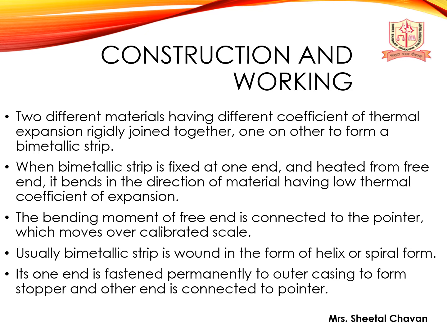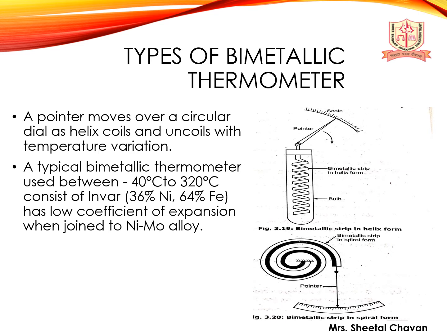The bending movement of the free end is connected to the pointer which moves over a calibrated scale. Usually, the bimetallic strip is wound in the form of helix or spiral form. Its one end is fastened permanently to the outer casing to form a stopper, and the other end is connected to the pointer.